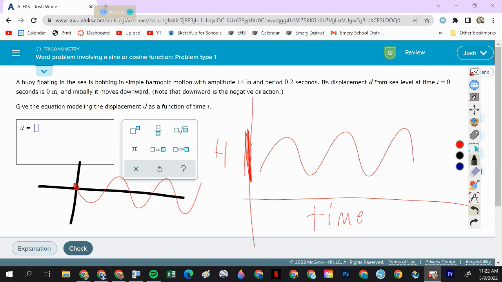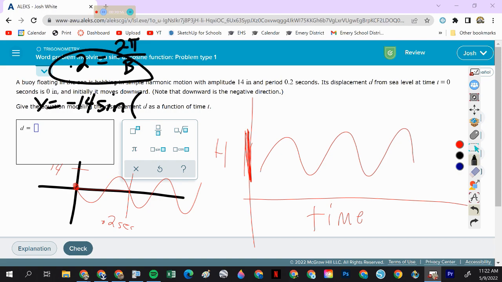But it told me it went down. Okay. The height is 14, and the period is 0.2 seconds. So the graph would be y equals negative 14 sine of, so 0.2 equals 2 pi over b. Swap those.